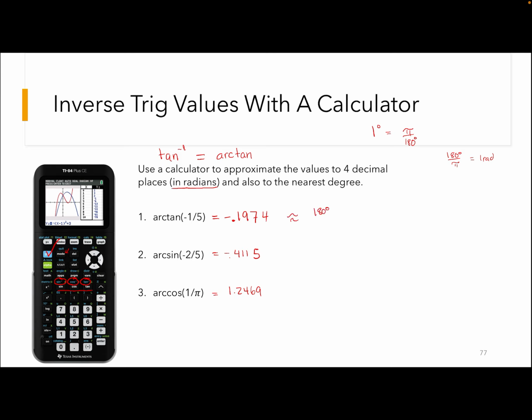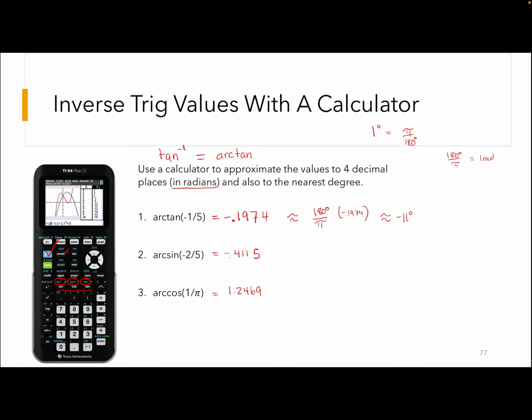So this is going to equal 180 degrees divided by pi times -0.1974. So let's see, 180 times -0.1974, enter, divided by pi. I get -11 degrees. So that's about -11 degrees.